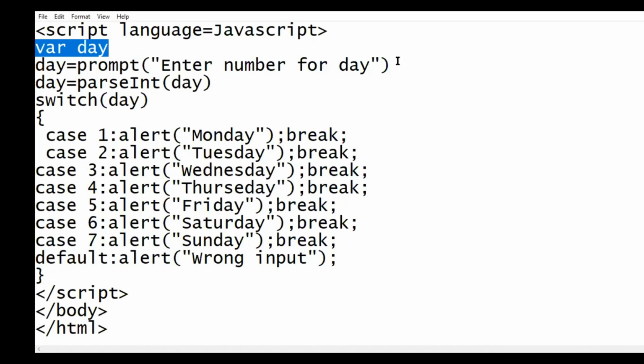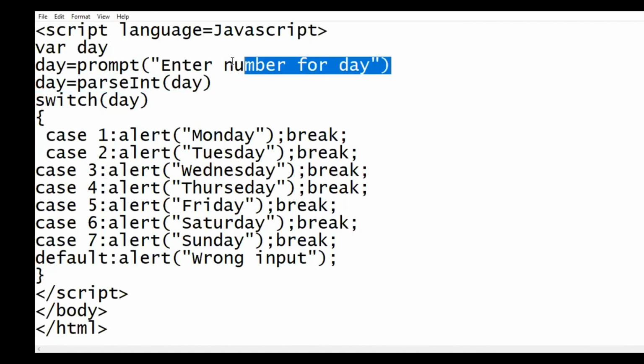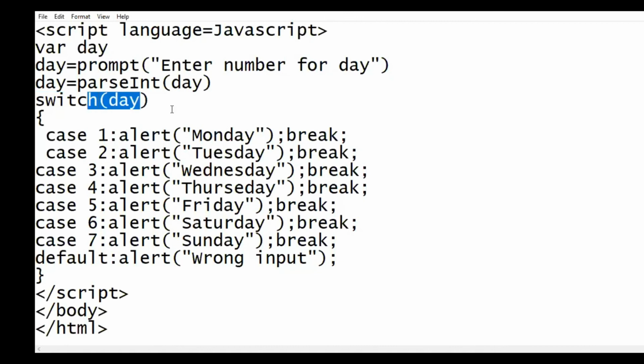Then we allow the user to enter a value. The entered value is stored in a variable named day. We convert the string value stored in day by using the parseInt function. After converting it with the parseInt function, day stores an integer value, and this integer value I can use for the switch statement.